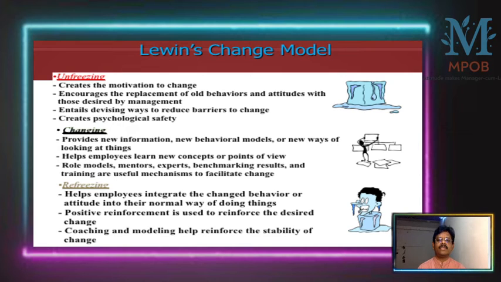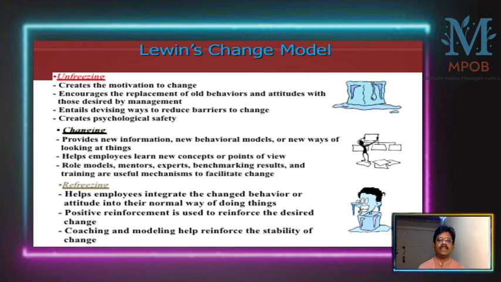So once the change comes, then you try to refreeze it. In the refreezing stage, it helps the employees integrate the changed behavior or attitude into their normal ways of doing things. Positive reinforcement is used to reinforce the desired change, and coaching and modeling help reinforce the stability of the changes.